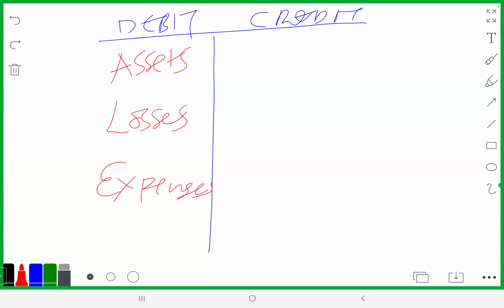So like all the accounts that pertain to assets, which are the real accounts, and the other nominal accounts that we have that pertain to losses and the expenses, all the expenses, they sit on the debit side of the trial balance. So now listen carefully. When you have an account, for example, you have purchases, you have inventory, right? Or you have cash being undercast, the cash account being undercast.